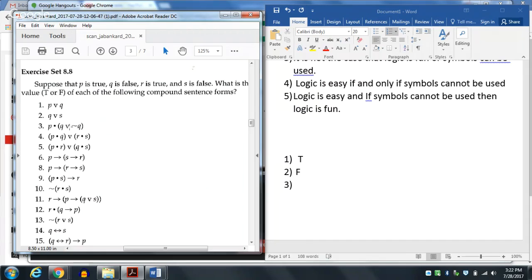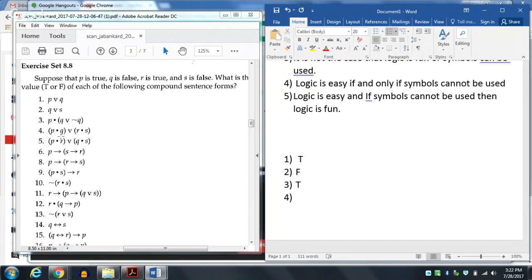Then we need one of these other two to be true. And since it's a conjunction, both sides have to have at least a truth value. So P is true and not Q is true, right? Q is false, which means not Q is true. So we got P true. We've got not Q true. So we've got truth on both sides of the conjunction, which is what we need. So we're going to get a truth there. That's true.